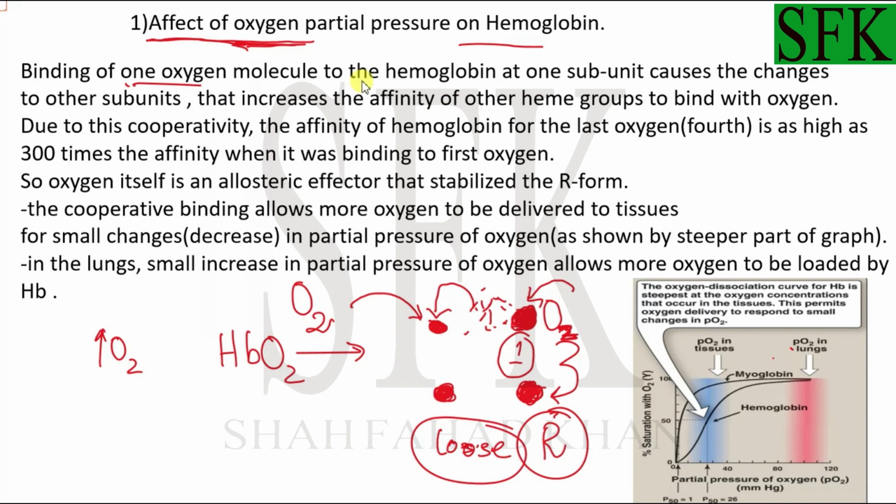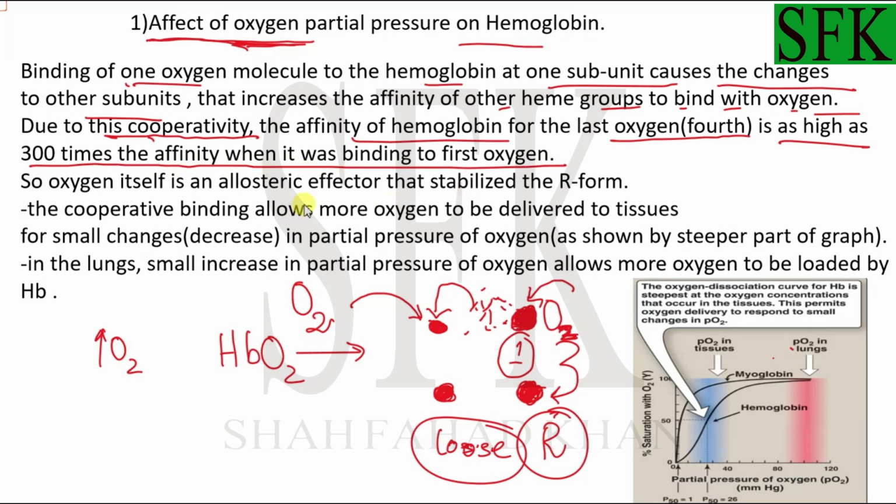Binding of one oxygen molecule to hemoglobin at one subunit causes changes in the adjacent subunits, and this increases the affinity of other heme groups to bind to oxygen. Due to cooperative binding, the affinity of hemoglobin for the last oxygen is as high as 300 times the affinity when it binds to the first oxygen.